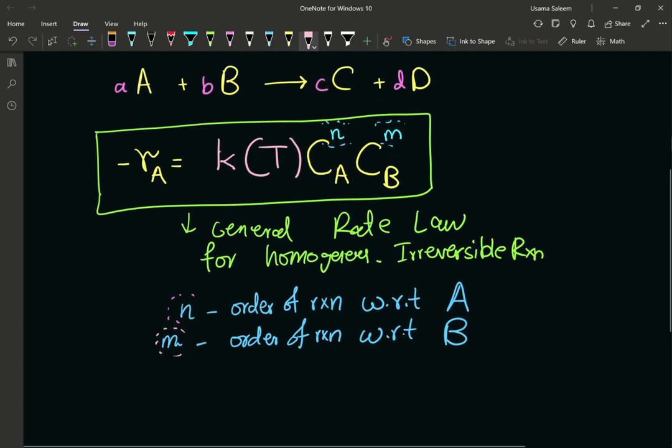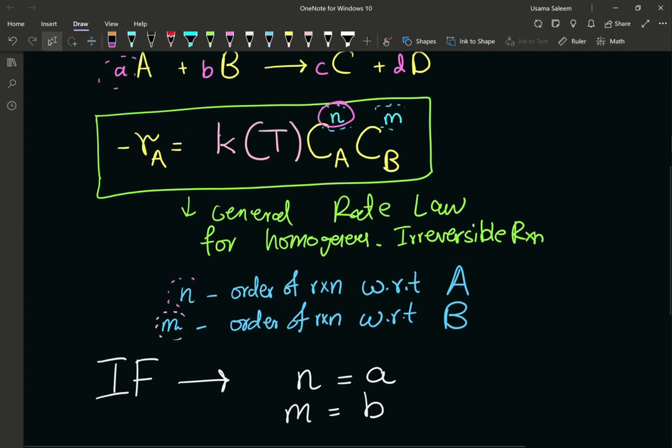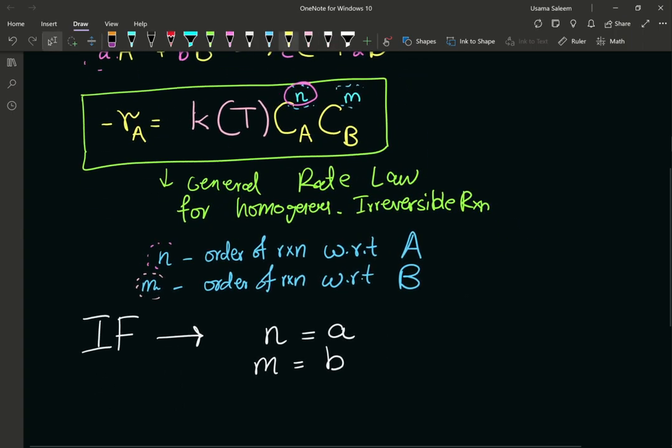Now, if, and this is a big if, the value of N is equal to your stoichiometric coefficient of A, and the value of M, the order with respect to B, is equal to the stoichiometric coefficient of B, then let me just rewrite the rate expression.